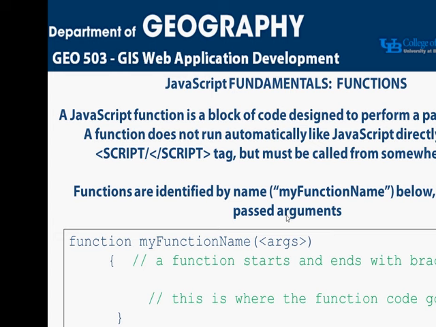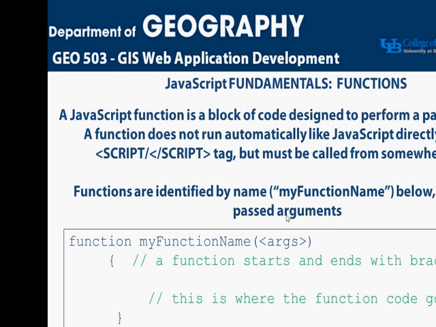A JavaScript function, and we talked about this a little bit already, but now we'll make it official. We're going to talk for a while about functions, and you already saw me develop a function in JavaScript, but here it defines it a little bit more clearly for us. A function is a specific set of code that is designed to perform one specific task.